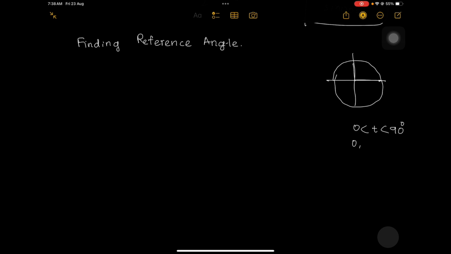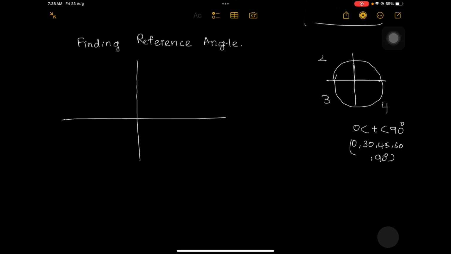So it is 0, 30, 45, 60 and 90 degree. We know all these values now. But what if there is an angle in the second, third, or fourth quadrant? What will be the values of sine and cosine for these kinds of angles? By logical thinking we can derive some of the values.